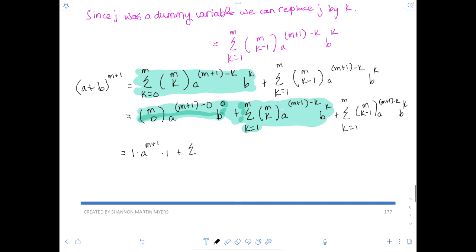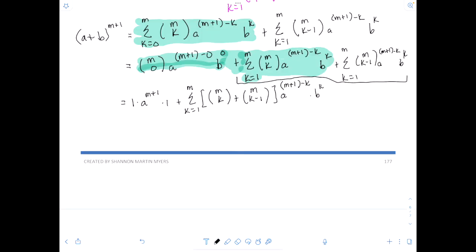So we'll have the summation as k goes from 1 to m of, I'll do the combination expressions first. So we'll have m choose k plus m choose k minus 1. Those will be times a to the m plus 1 minus k times b to the k.